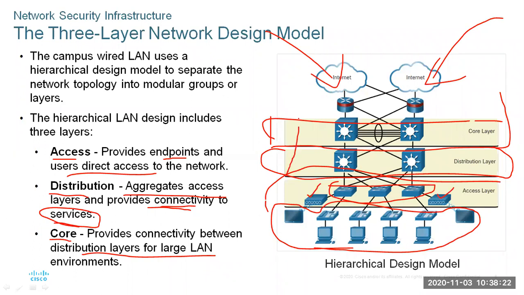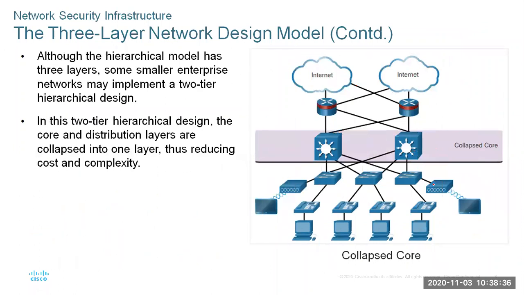When traffic is going out, it goes out through the core layer, except if the devices are requiring services within the particular network.